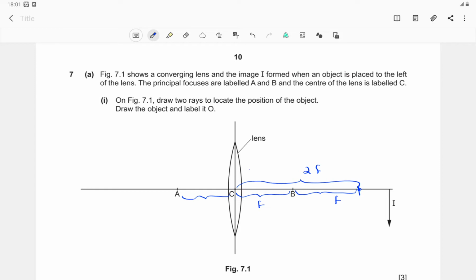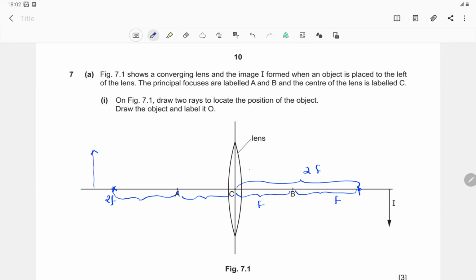In order to get an image at this point, that is beyond 2F, you need to keep the object even before 2F length at the left side of the lens, so that again the same equal distance length you have to measure. So this will be something representing 2F, and somewhere behind 2F you need to keep an object.